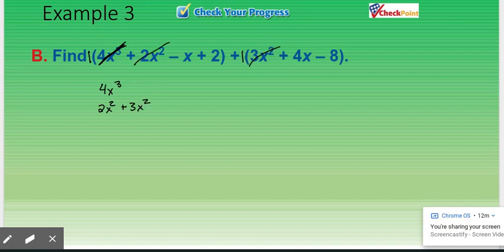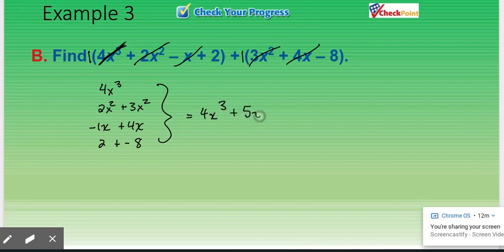My x's, I have negative 1x and positive 4x. And my constants, I have 2 and negative 8. So I'm going to start with the biggest exponent. We have 4x to the third plus 5x squared plus 3x minus 6.